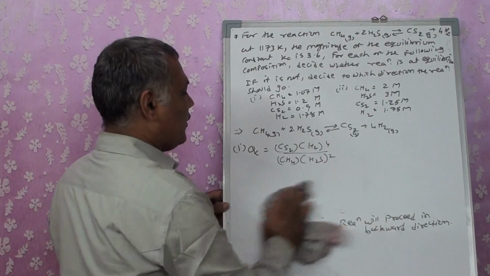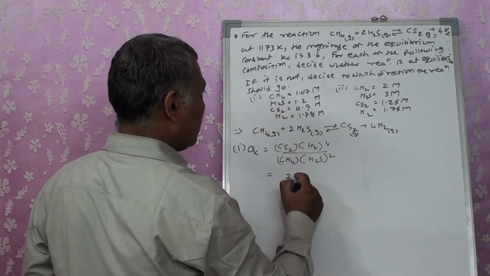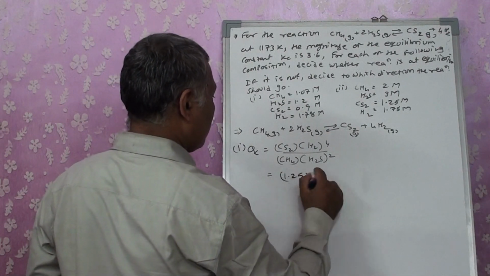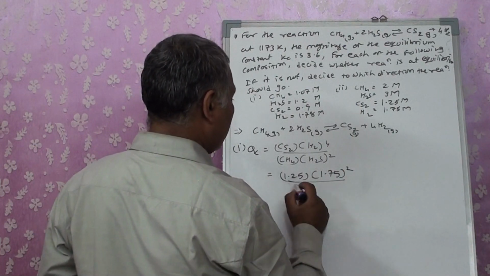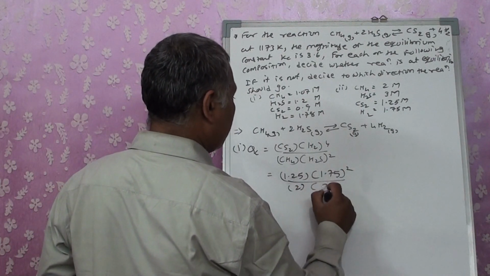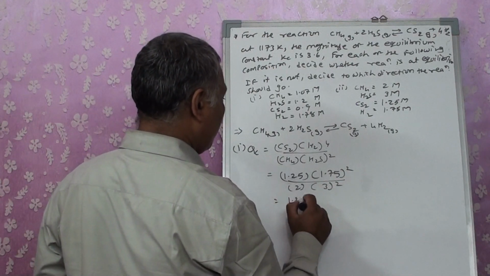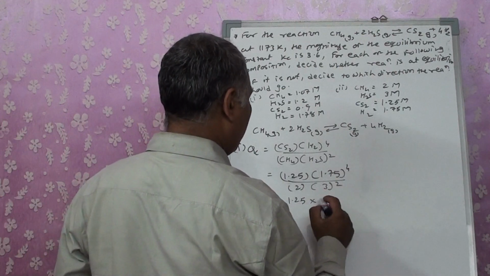These are the only values that are going to change. You will get 1.25, 1.75, this is 2, and this is going to be 3 square. So you will get 1.25, this one will become raised to 4.